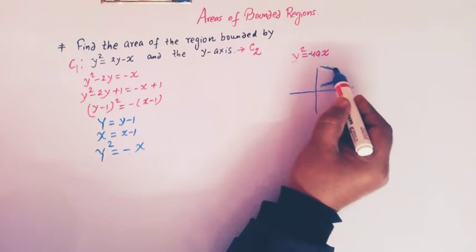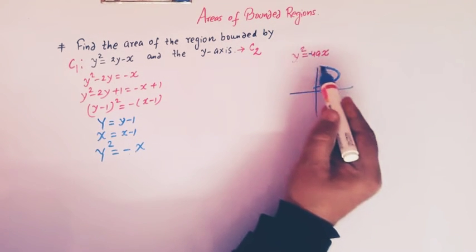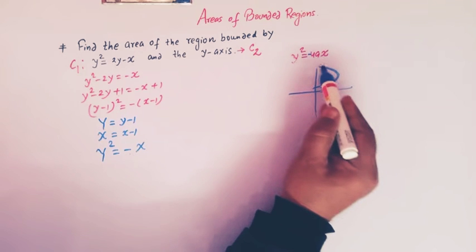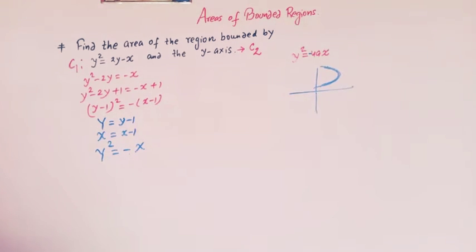So the shape of the parabola is like this due to this negative sign, because if we have y square equal to minus 4ax, then the parabola opens on the left side.